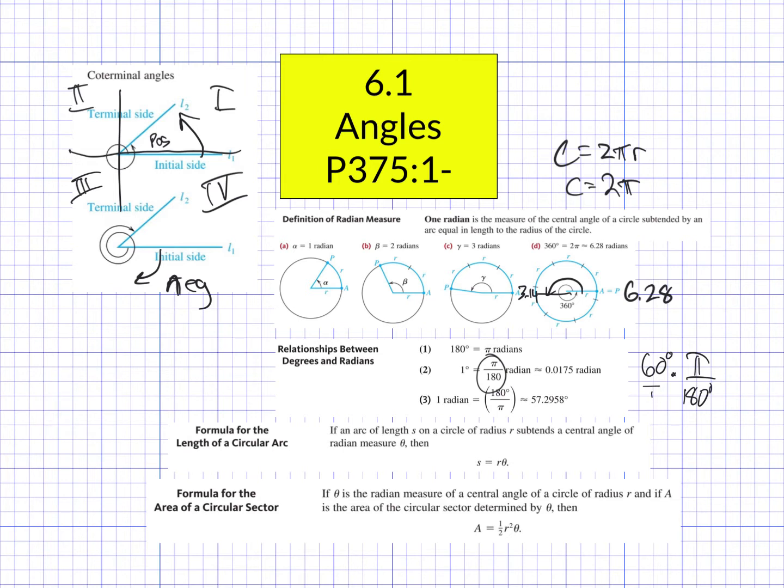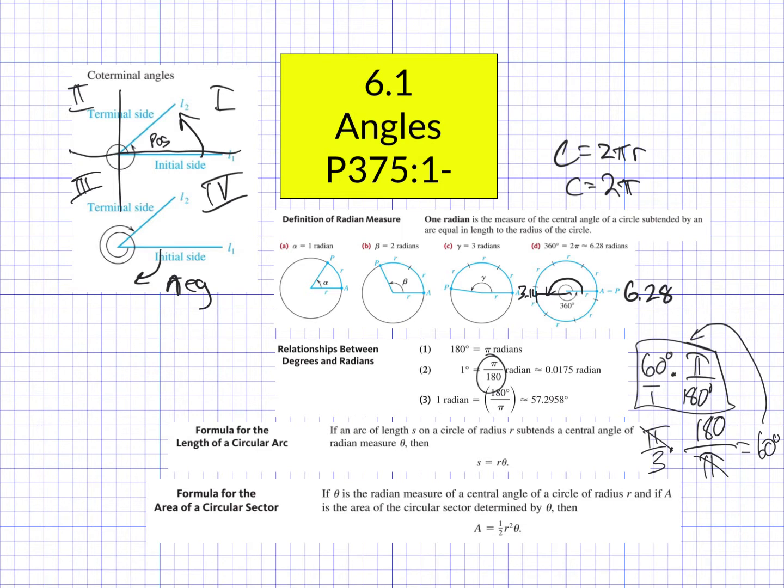And then we multiply across and see what we get. If I want degrees, then degrees needs to be on top and radians on the bottom. So if I said, well, how much is pi over 3 in terms of degrees? Well, I would multiply that together. Okay, the pi's would cancel out and I get 60. Oh, look at that, 60 degrees is pi over 3.